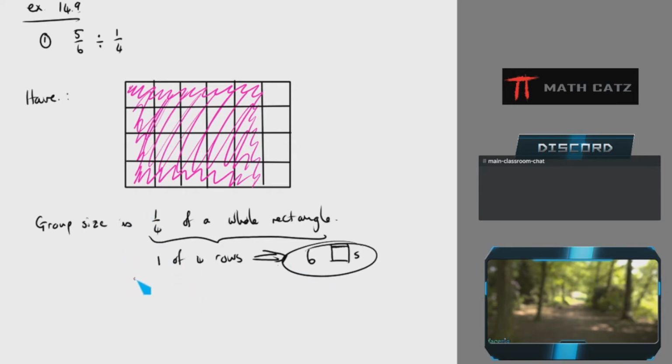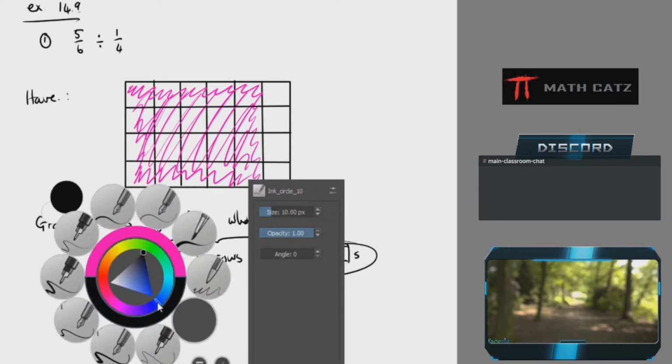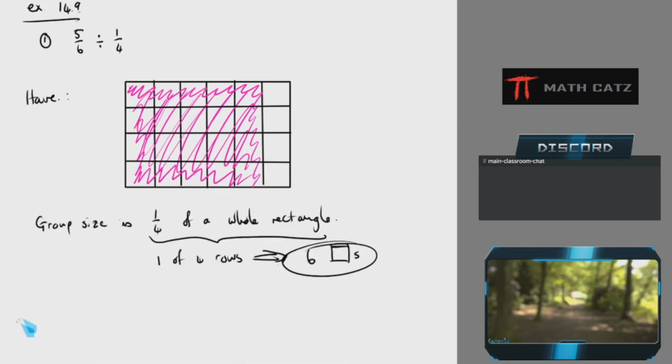I'll use blue so it's easy to spot. So let's make a group of 6. There is one group of 6 I can make.